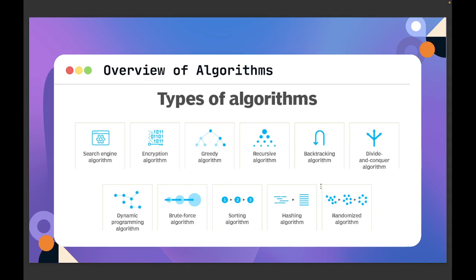So we also have the greedy algorithm, ito yung parang sa pyramiding scheme. Recursive algorithm, ito yung symbol niya, yung pabalik-balik na tatawagin mo yung function. So usually ginagamit ng recursive, example yung mga Fibonacci series, or yung mga square root, or mga square of a number, ganyan. Then we also have the backtracking algorithm. So yung ginagamit yung mga Sudoku.